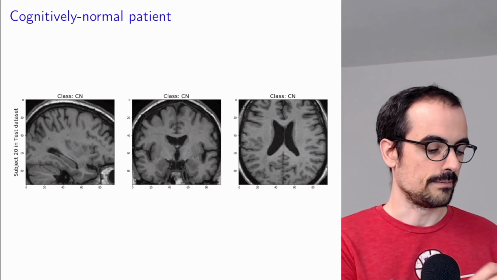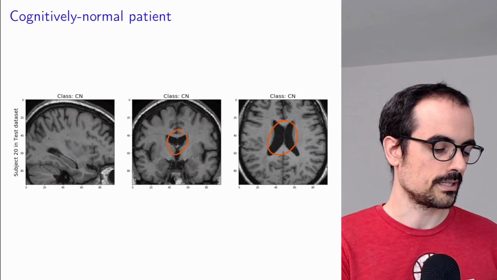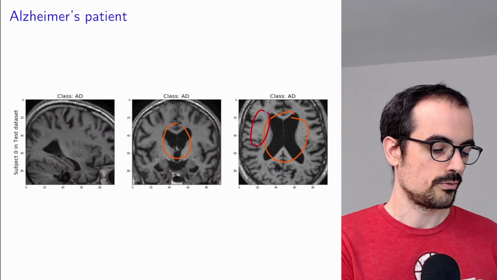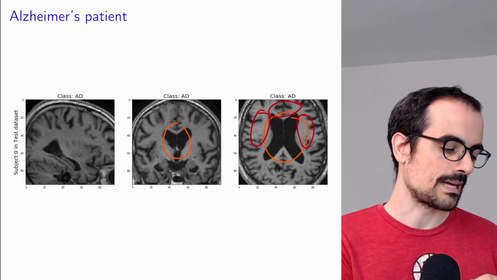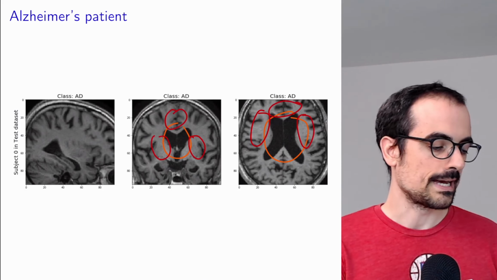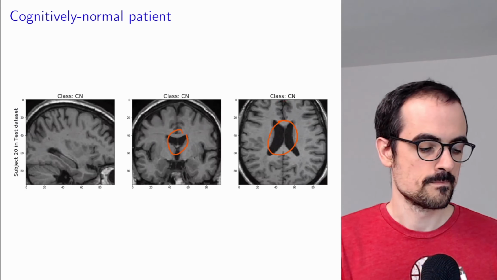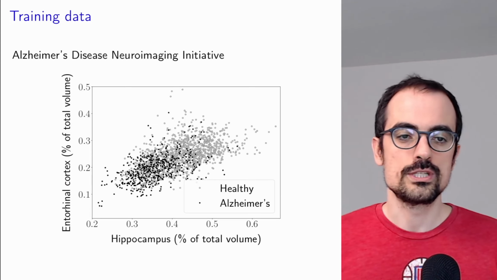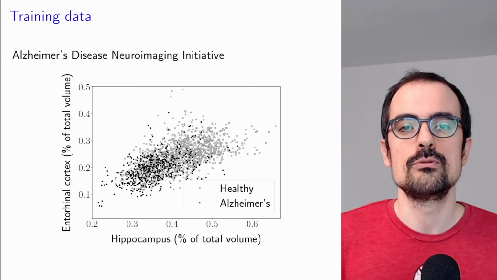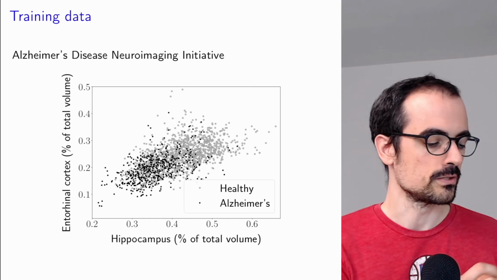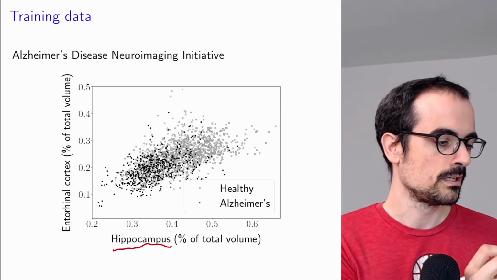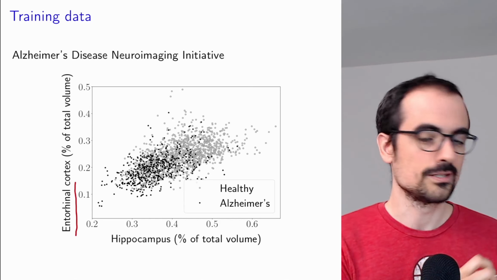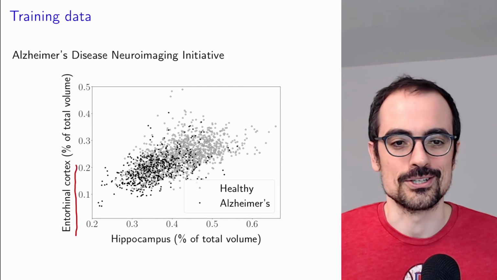It's most obvious here, where the ventricles expand because some of these regions have shrunk. So motivated by that, we're going to use two features, which are the volumes of important brain regions that are typically associated with Alzheimer's. One of them is the hippocampus, which probably you have heard of, and the other is the entorhinal cortex, which probably you have not heard of, or at least I hadn't heard of.